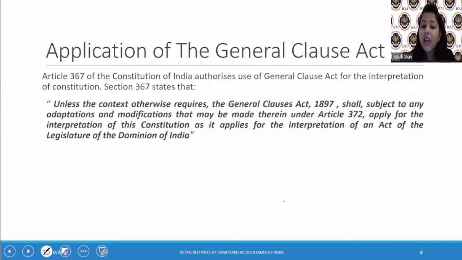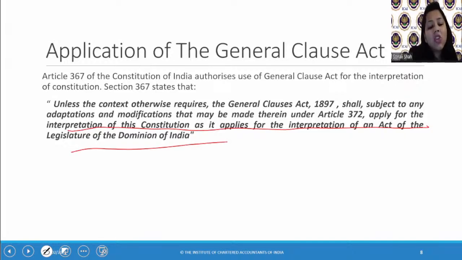So Article 367 of the Constitution of India says, unless the context otherwise requires, the GC Act 1897 shall, subject to any adaptation and modification that may be made therein under Article 372, apply for the interpretation of this Constitution as it applies for the interpretation of an act of the legislature of the Dominion of India.